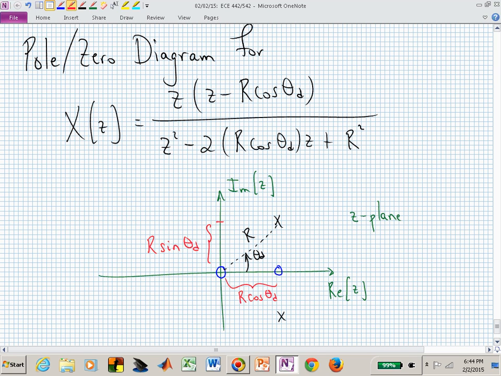Use the quadratic formula. It's a quadratic, right? Factor that or find the roots using the quadratic formula and see if the poles aren't at a real part of r cosine of theta sub d and an imaginary part of r sine of theta sub d. And the 0 has the length r cosine of theta sub d. Convince yourself of that. You need to derive the sine.